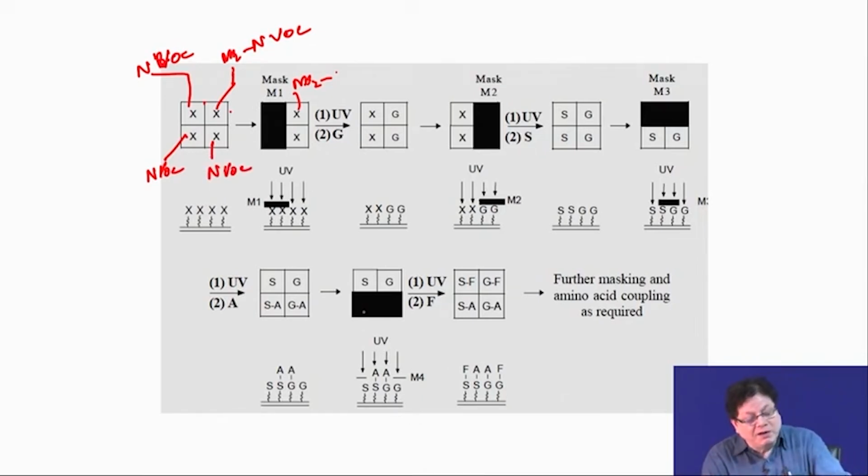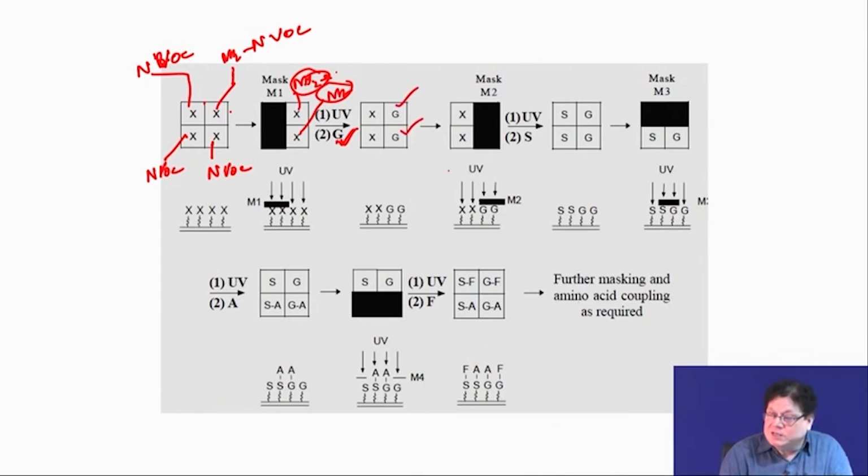So, now you have covered this part and shine light. What will happen? This will generate the NH2, because you are adding light. So, this is going to form the free NH2, and you add the first element, whatever it is, amino acid suppose. So, you get G and G on this side. Okay. Via the NH2 you couple the amino acid.